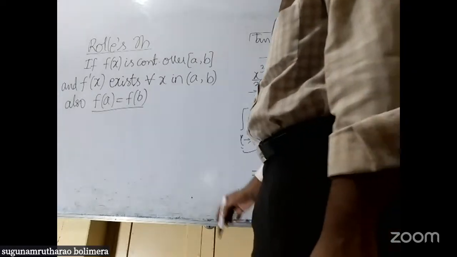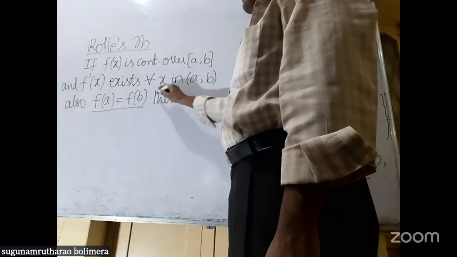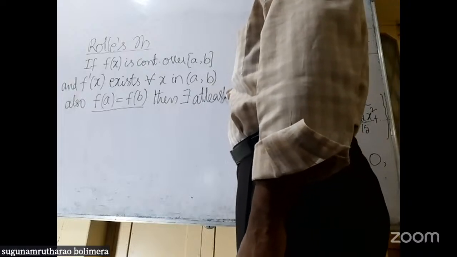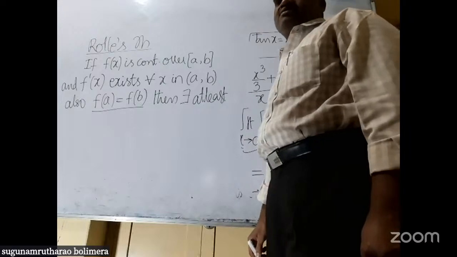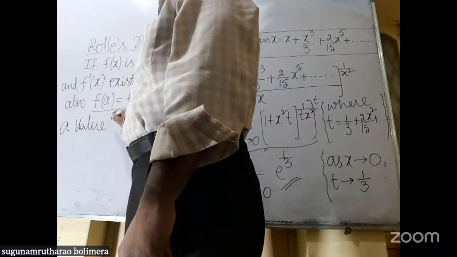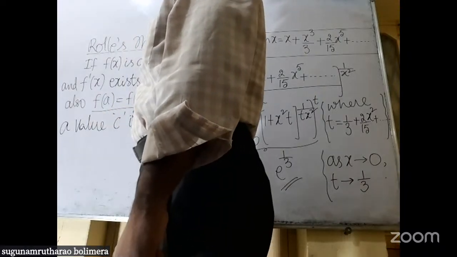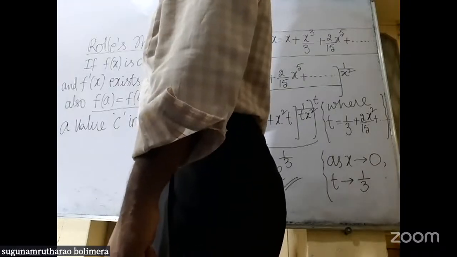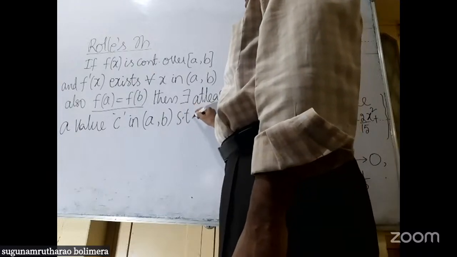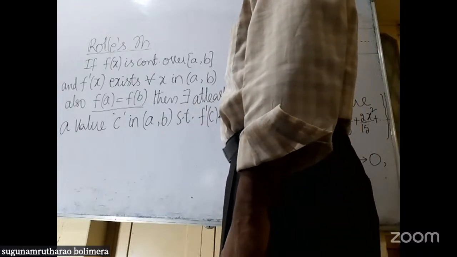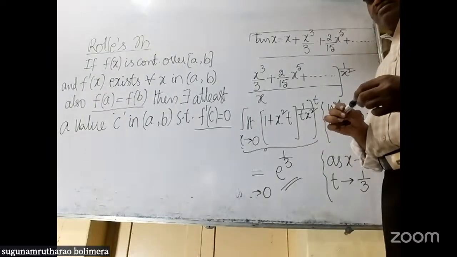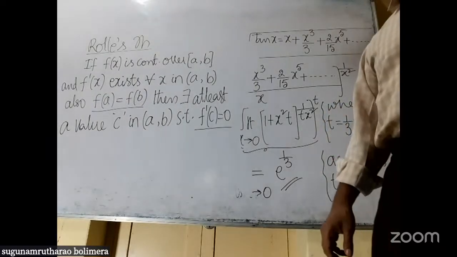Then there exists at least a value c such that f dash of c equals 0.